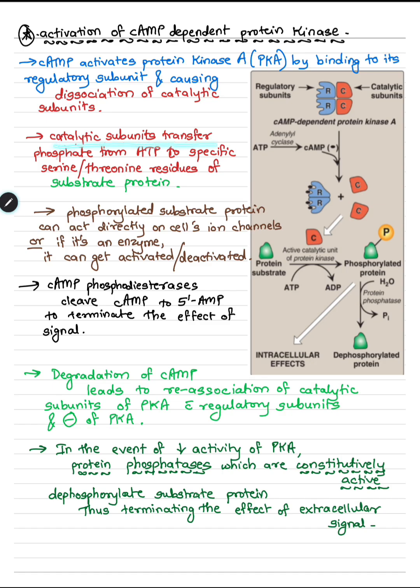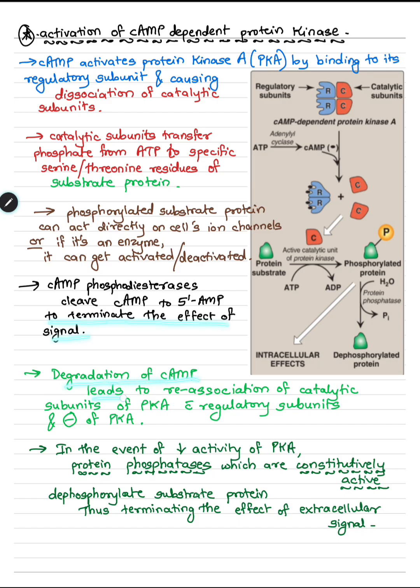Catalytic subunits transfer phosphate from ATP to specific serine threonine residues of substrate protein. Phosphorylated substrate protein can act directly on cells' ion channels, or if the phosphorylated substrate protein is an enzyme, it can get activated or deactivated. Cyclic AMP phosphodiesterases cleave cyclic AMP to 5' AMP to terminate the effect of the signal.